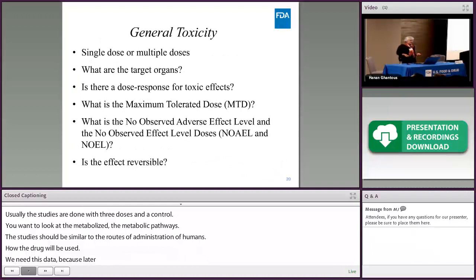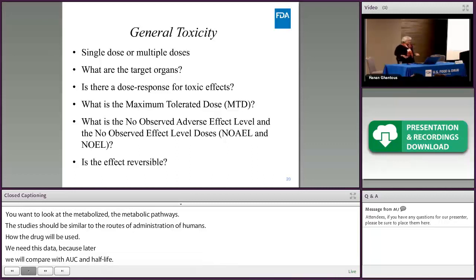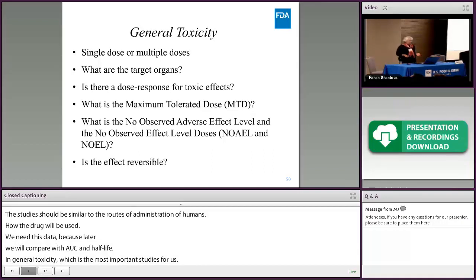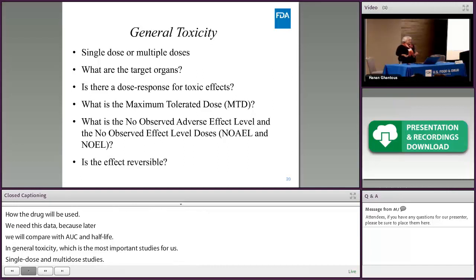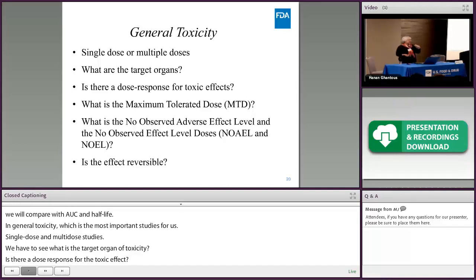Then general toxicity, which is the most important studies for us, and this is single dose or multi-dose studies. What we get from these studies is what is the target organ of toxicity? Is there a dose response for the toxic effect? We need to look at MTD. We need to go high. Sometimes the sponsors are afraid to go high to show toxicity.